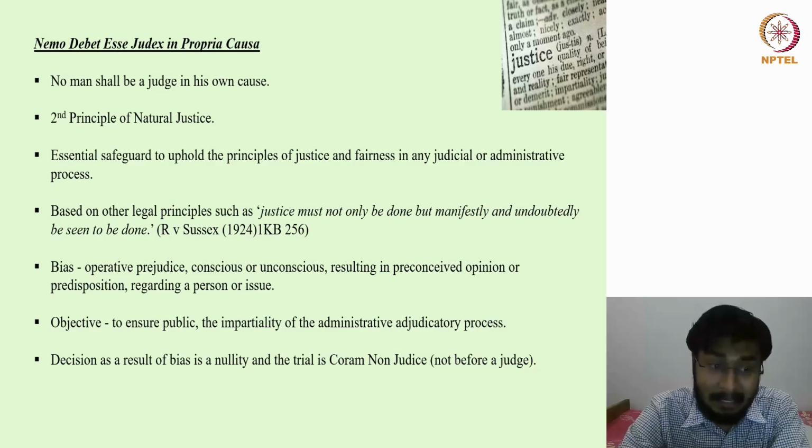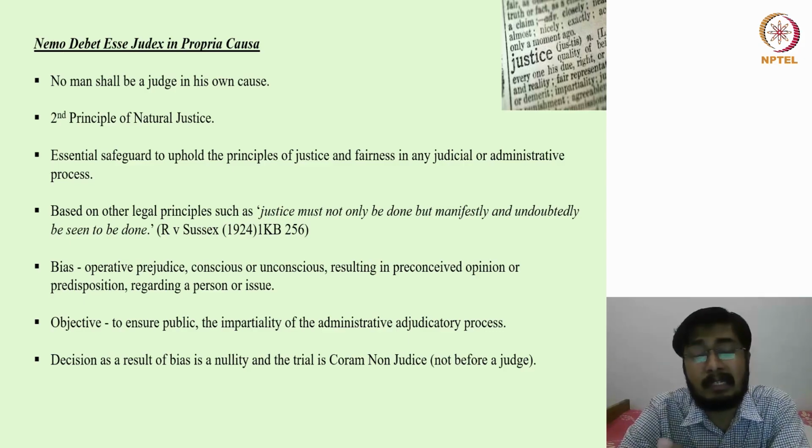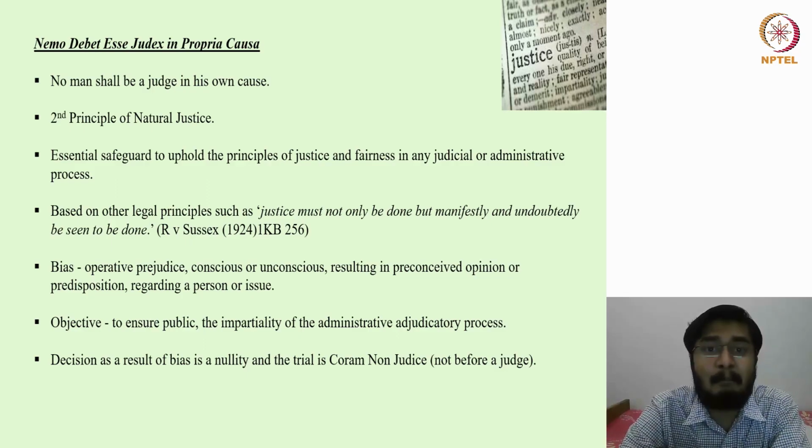It is an essential safeguard to uphold the principles of justice and fairness in any judicial or administrative process. Therefore, it is very important to hold to these principles. It is based on other legal principles, such as justice must not only be done, but manifestly and undoubtedly be seen to be done.